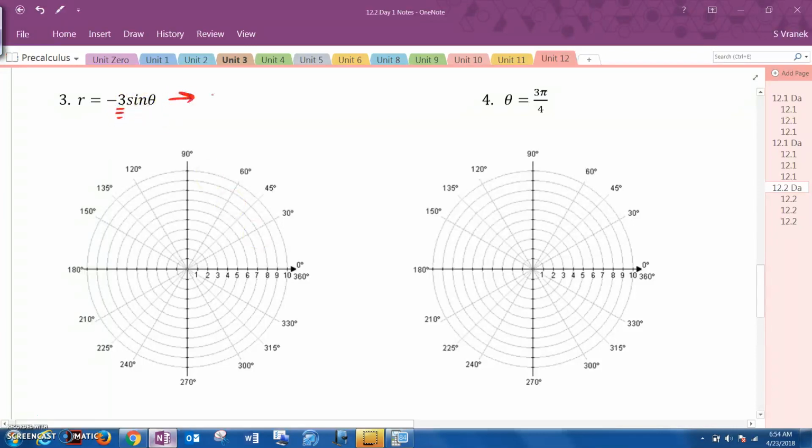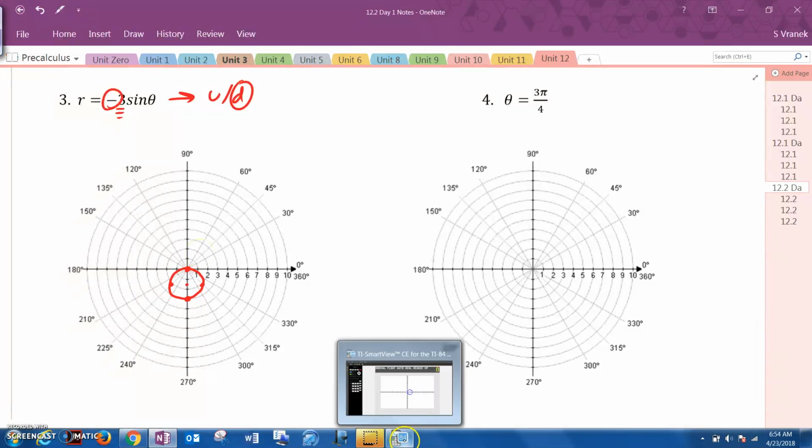It's in the sine, which is up or down, but because it's negative, it's going to be down. So my guess is going to be 1, 2, 3, which means the center is again at 1.5 away. So if I go 1.5 to the right, 1.5 to the left, and I'm looking at this tick mark and this tick mark to do that, I should have a circle down here, the same size.